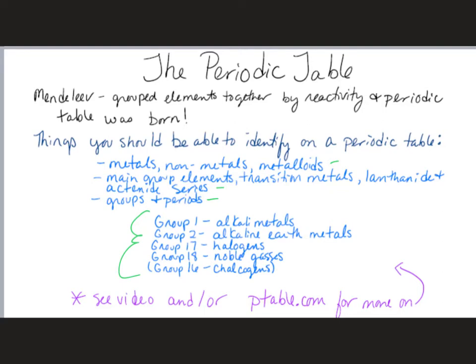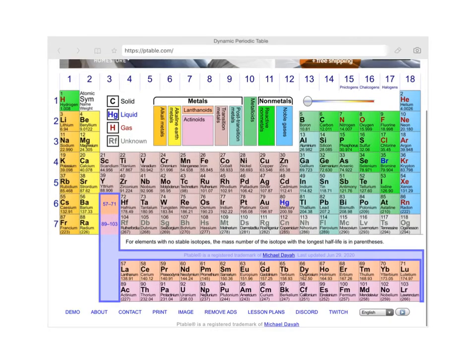Okay. So my favorite website is ptable.com. And this has a lot of really cool things on it that you can use, just looking at this periodic table. First of all, you see that metals, I can't actually choose that. If you click on metals versus nonmetals, you'll see them light up.